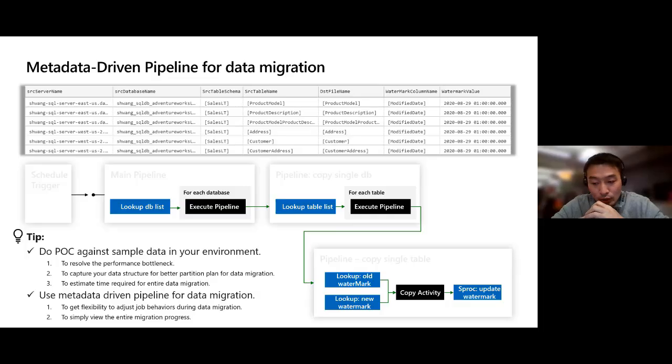But when you try to move thousands or 10,000 tables, or you're actually moving petabyte-level data from an existing data lake, which means it can come from different types of storage, multiple servers, then you're going to face an issue.